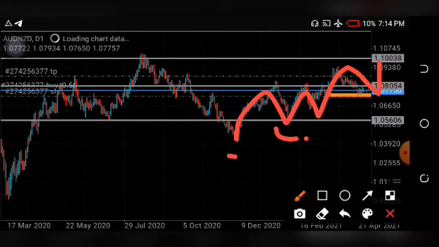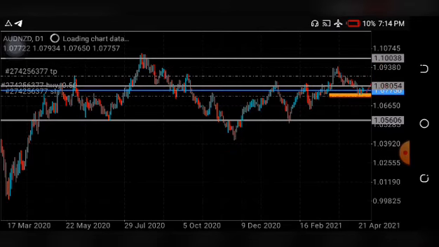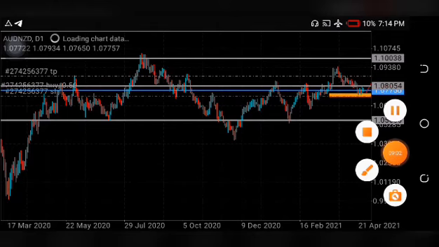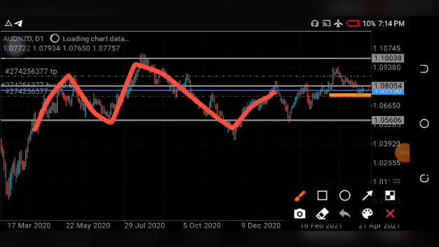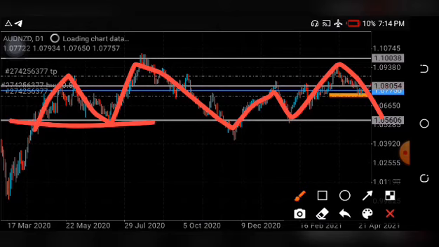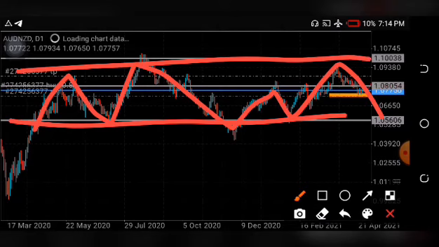So this we can call a ranging market. You see, it just keeps in the same channel. It doesn't go up, it doesn't go down. So this is a ranging chart.